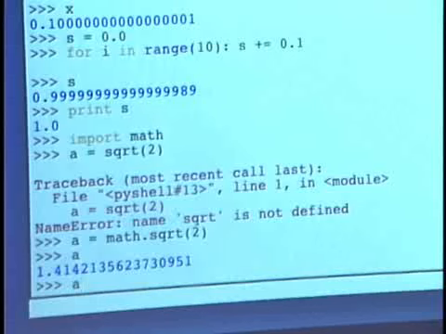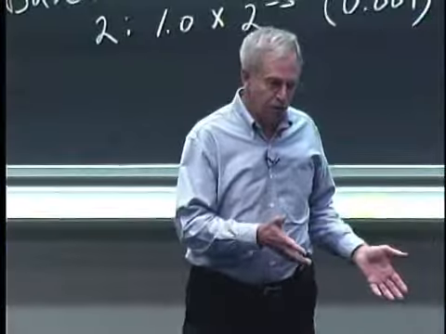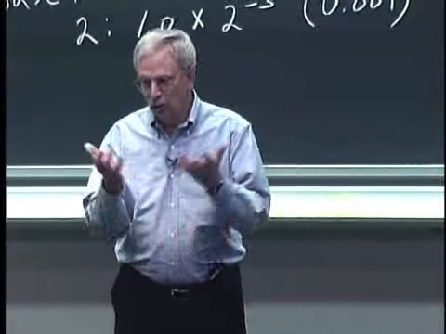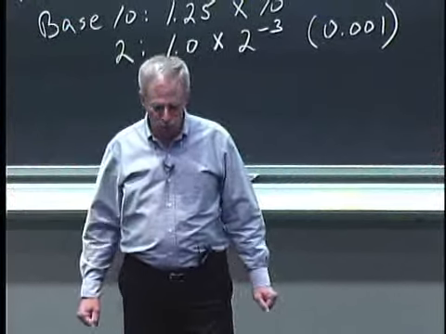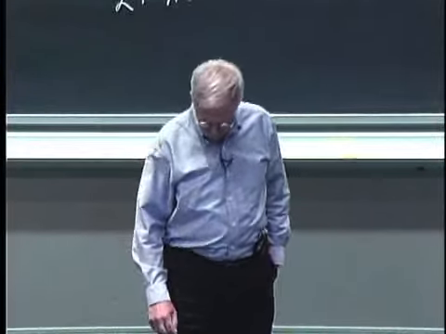Now here's the interesting question. Suppose I ask about the Boolean a times a equals 2. Now, in my heart, I think if I've taken the square root of a number and then I've multiplied it by itself, I should get the original number back. After all, that's the meaning of square root.